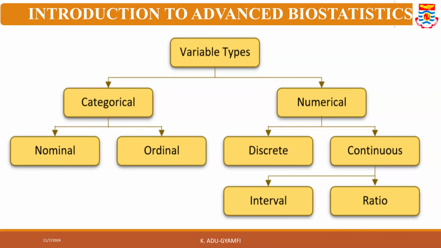If a variable is being considered under a ratio, it means that the 0 is absence. So if I pick the weight and I say the person has no weight, the person has no weight.